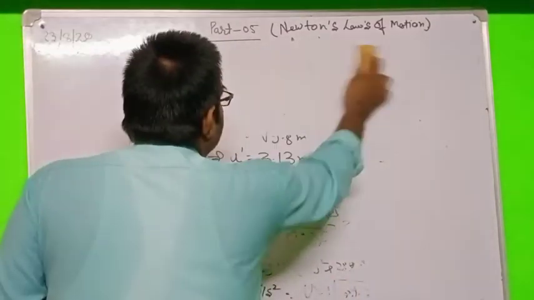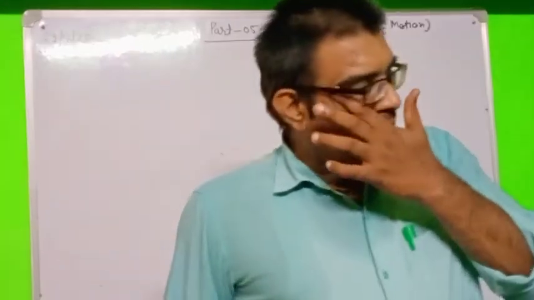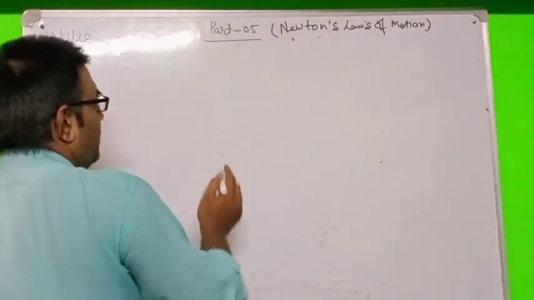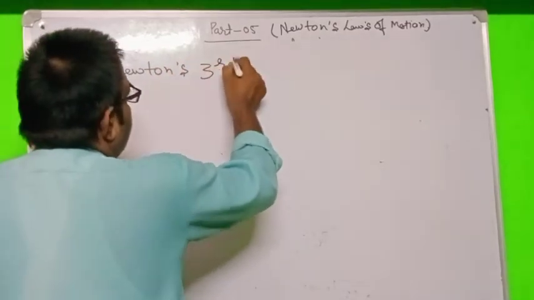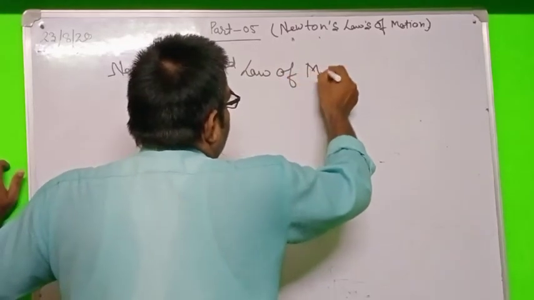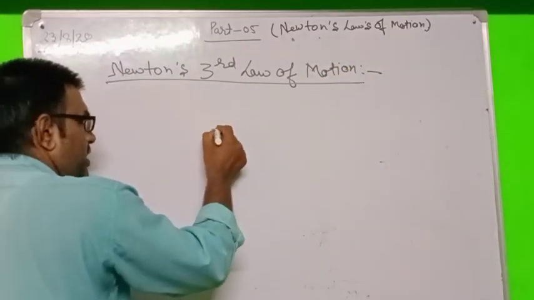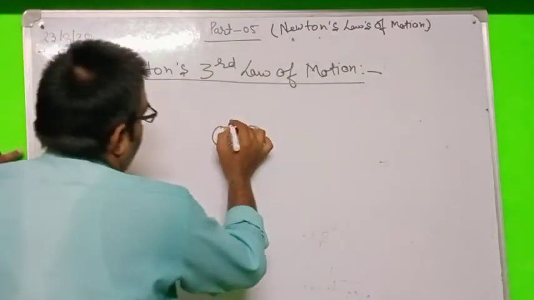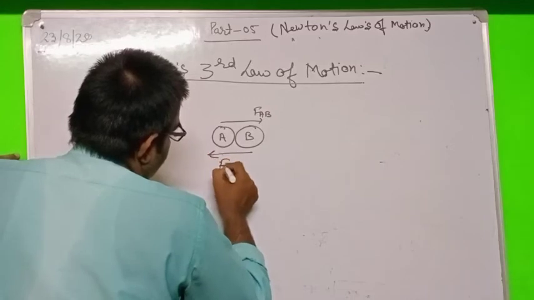As you all have studied, Newton's third law of motion tells that suppose there are two objects A and B. If A is exerting a force on B, that is FAB, then B also exerts a force on A, that is FBA.